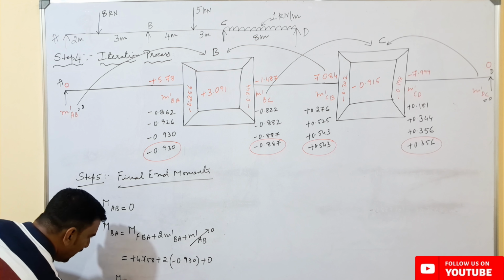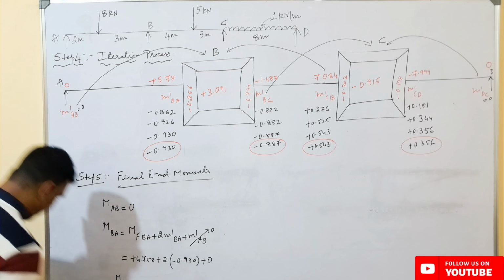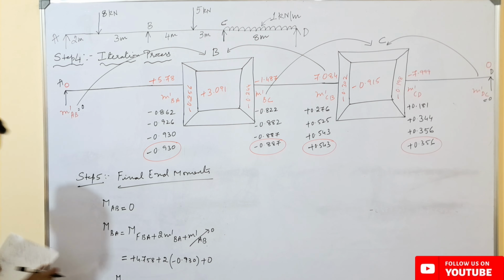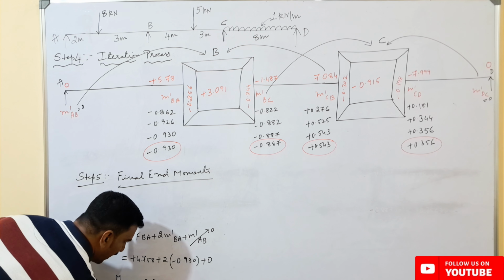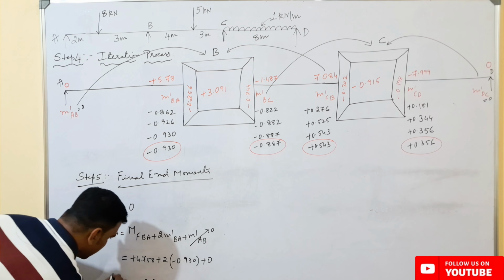So the final end moment for point B to A we have got is plus 2.718 kilonewton meters.